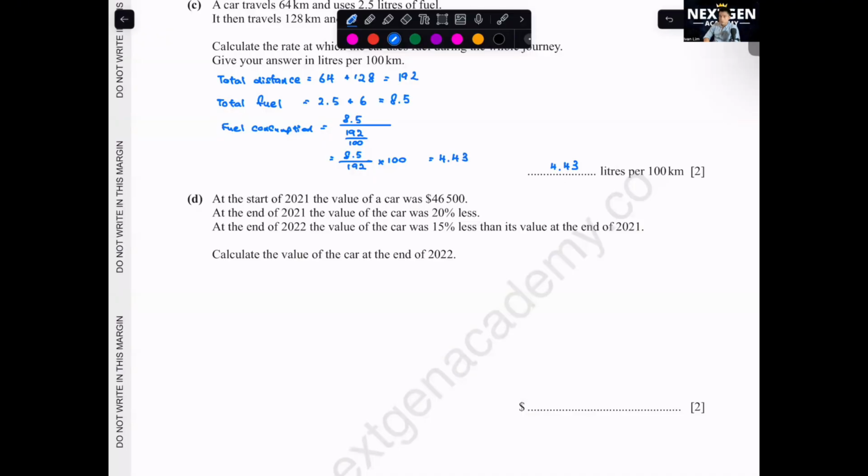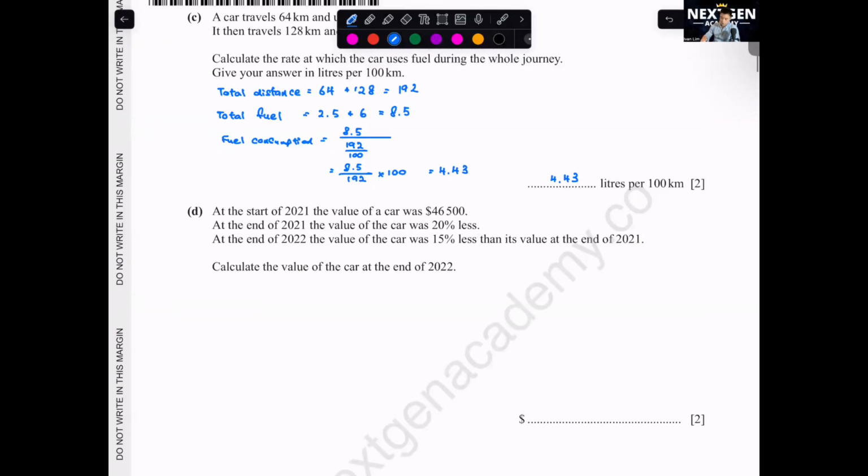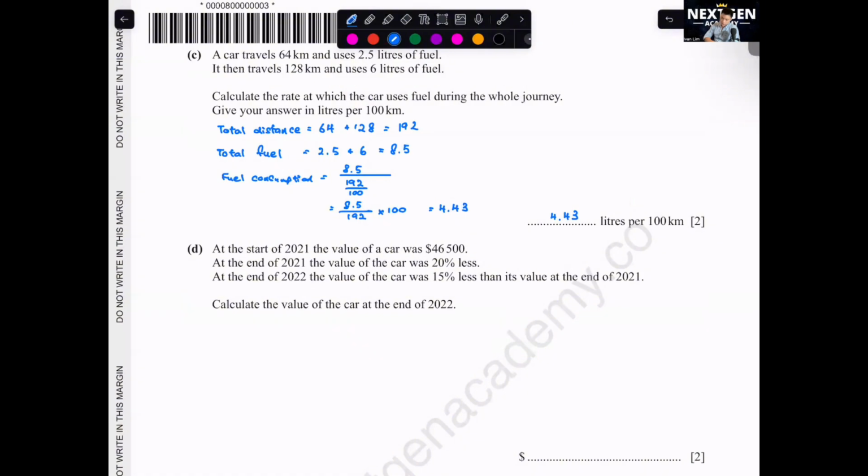Wrong. Okay, question from the previous one again. Why is it 192 over 100? Because they say here, give your answer in liters per 100 km. So right now, 192 is the distance.